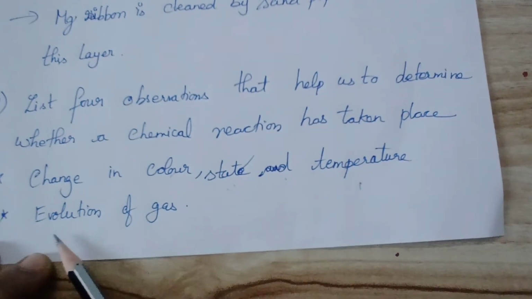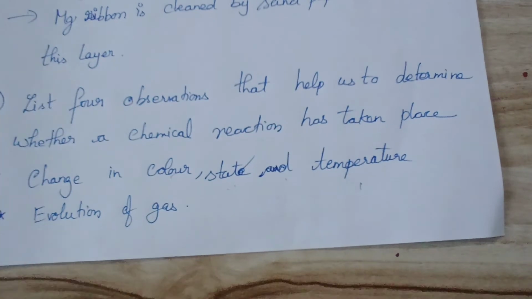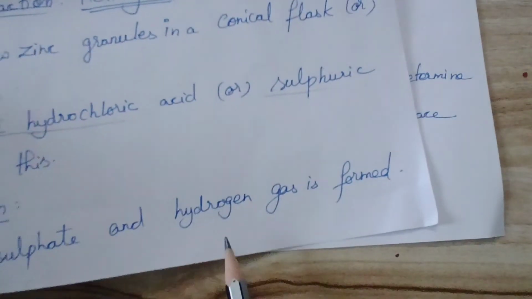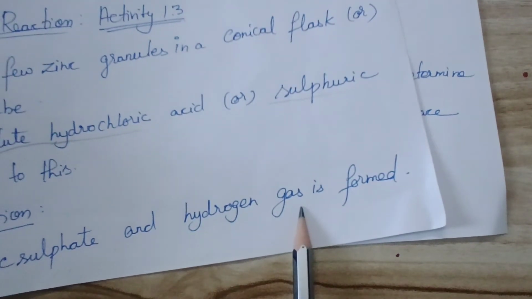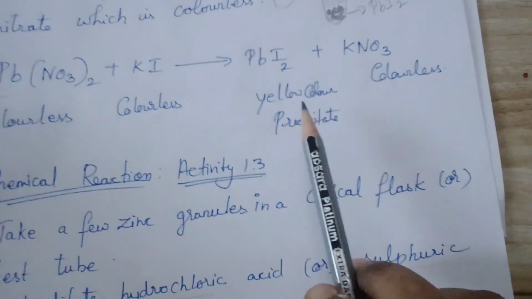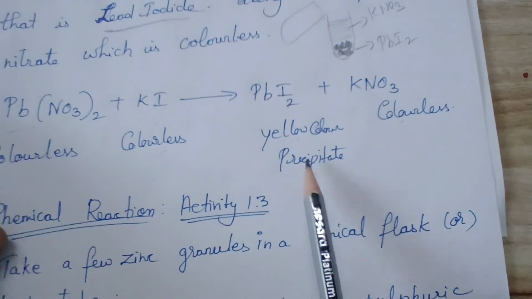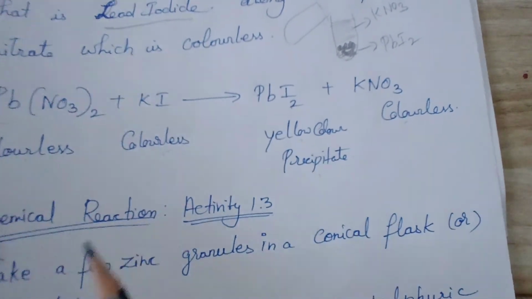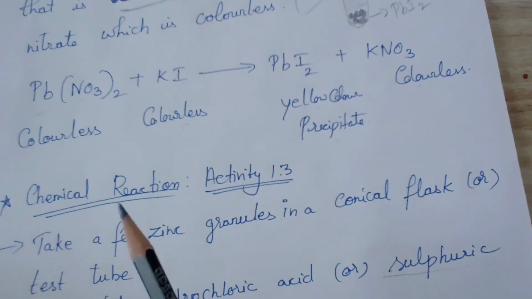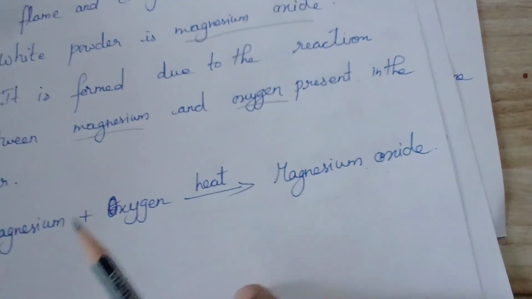Then evolution of gas. We have seen the evolution of gas in activity 3. In activity 2, we have seen the change in the color of the substance. In activity 1, we have seen that a new compound has been formed. Okay, thank you.